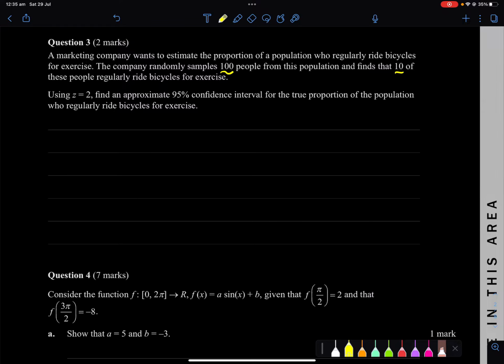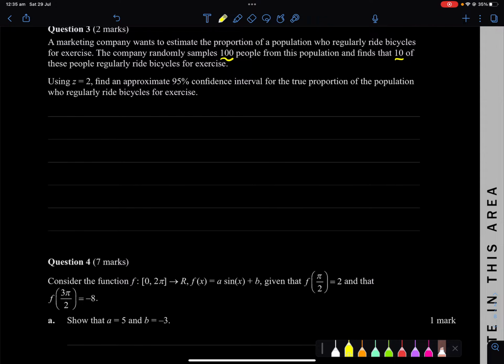Okay, so we know the confidence interval formula, if I'm not mistaken, is in your formula sheet, but it's p hat minus z square root of p hat times 1 minus p hat, all over the value of n.